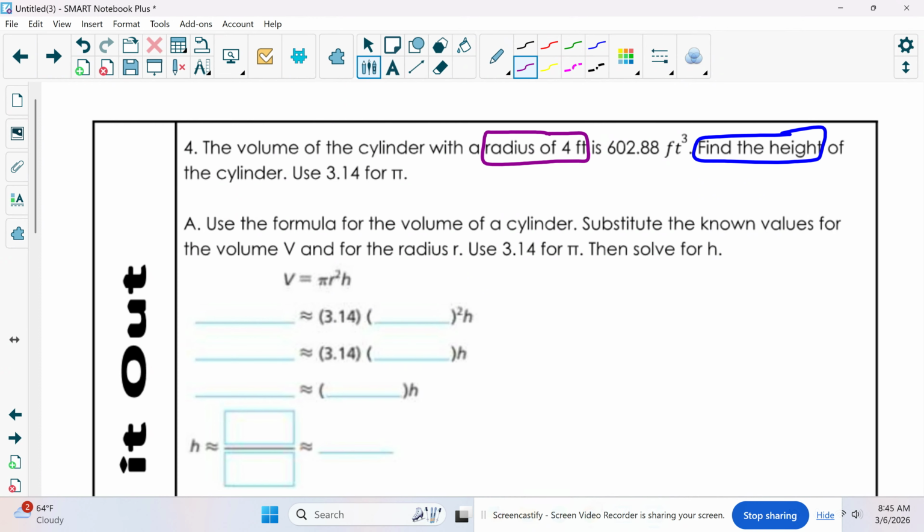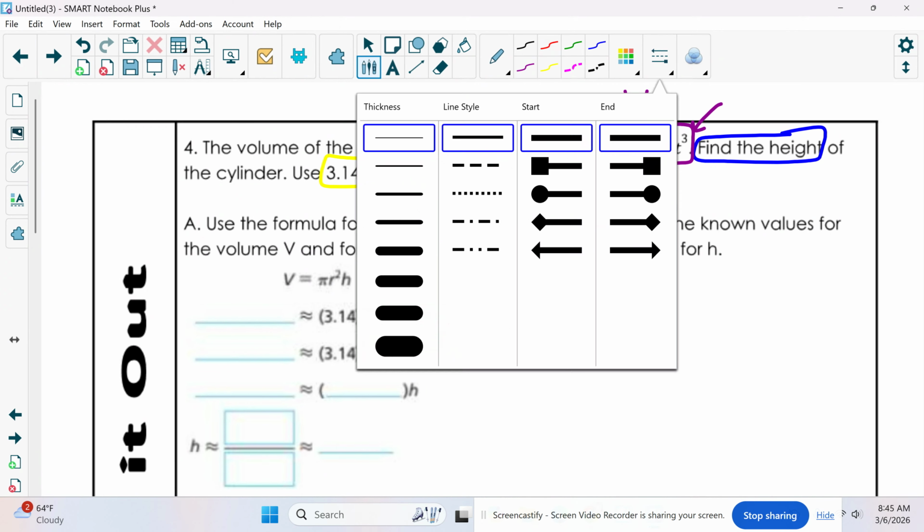Another key hint here is, do you see how they have that 3 there? That's a hint that this is the volume. Okay, so we're finding the height. And we're going to use 3.14 for pi.